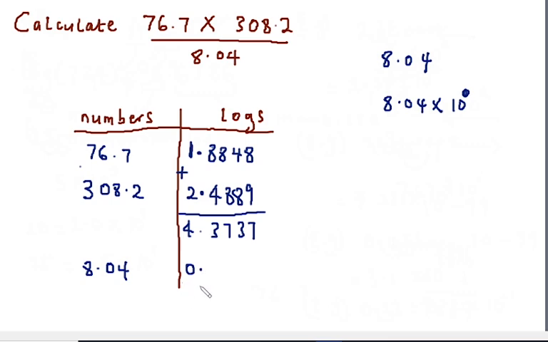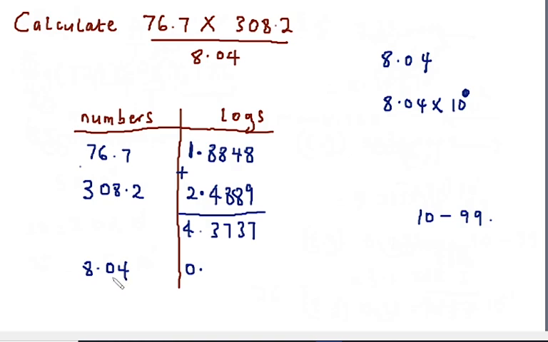So we go to our table again. Now remember, in our table, I said your number has to fall within the range of 10 to 99 for it to go to your table. So in this case, if you look at this number, the first number 8 does not fall within the range of 10 to 99. So we are taking the first two numbers, which is 80, and then the next number we have in our hands is 4.